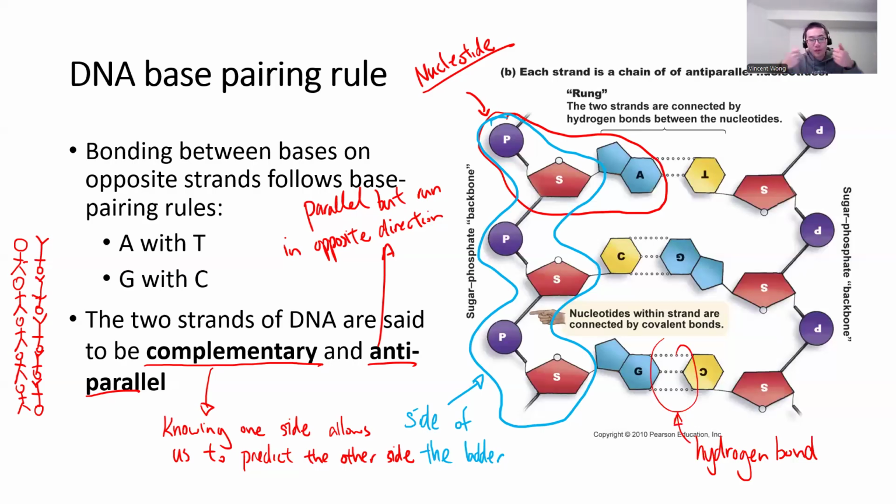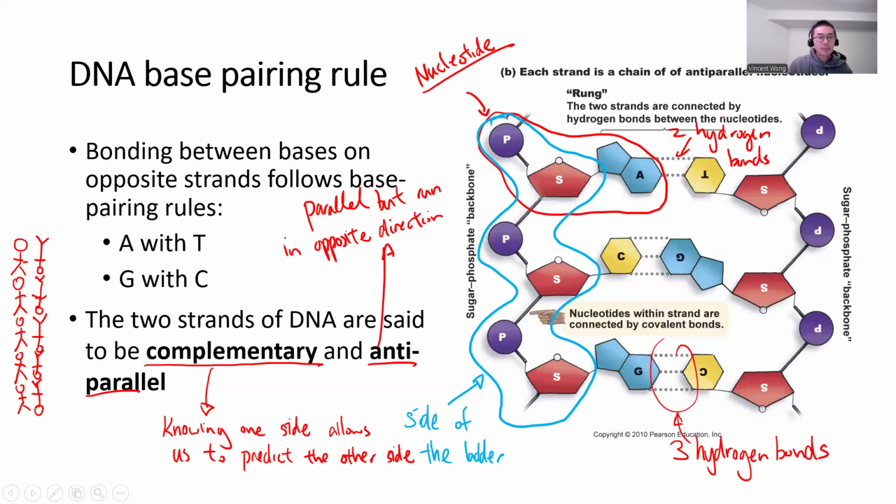Little magnets attracted to each other. So the G will be attracted to the C and the A will be attracted to the T. And you can see in this picture, there are three hydrogen bonds between C and G, but only two hydrogen bonds between A's and T's.